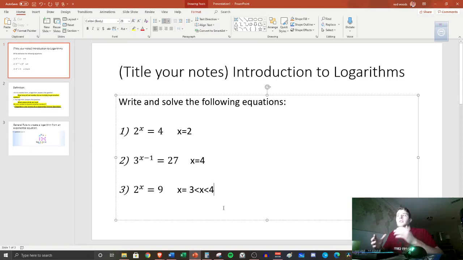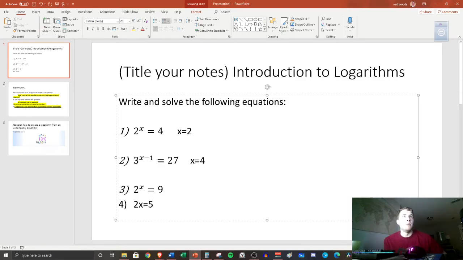When mathematicians were introduced to this, how did they come up with a method for finding this? So what we really need is an inverse operation. Just like if we had a problem, 2x equals 4. Now we know what that is, but what if it was 2x equals 5?